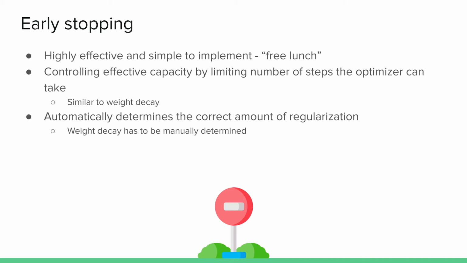The good thing about early stopping, when you compare it to weight decay, is that it automatically determines the correct amount of regularization. So we don't have to worry whether we use the right alpha value for this weight decay, because you just monitor on your validation set and stop when you don't see any further improvement.